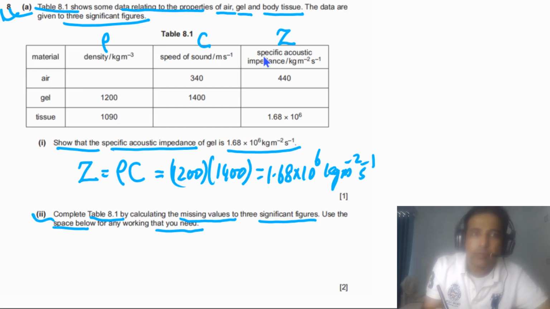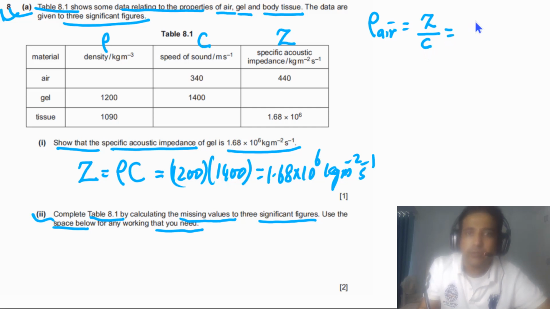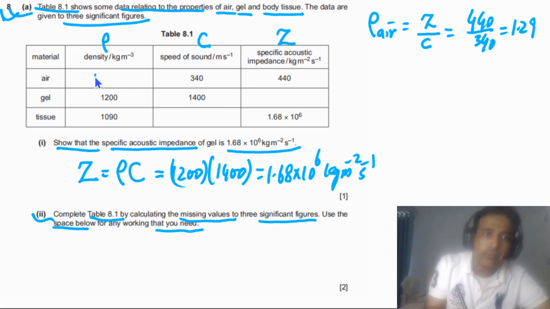For the first row, for air, we need to calculate density of air. Density of air will be equal to acoustic impedance divided by speed of ultrasound in air. So Z is 440 divided by 340. We will get 1.29, 3 significant figures. So we can write here 1.29.